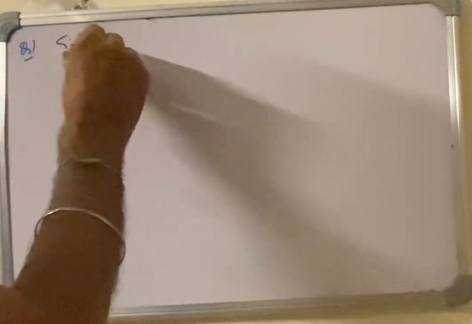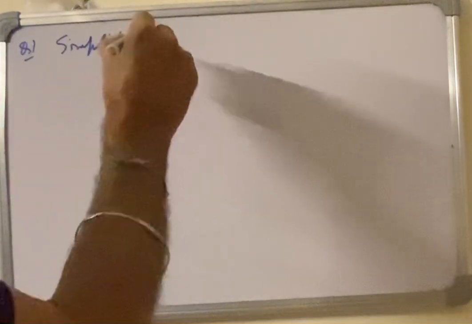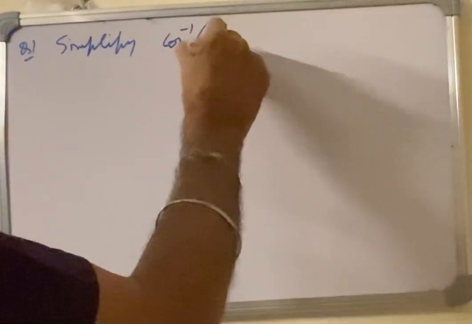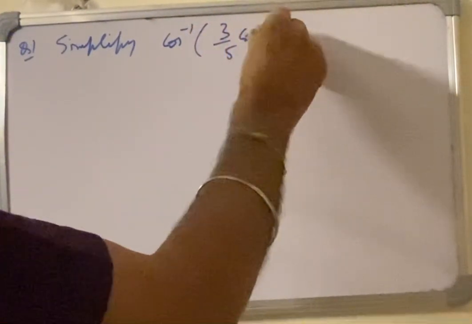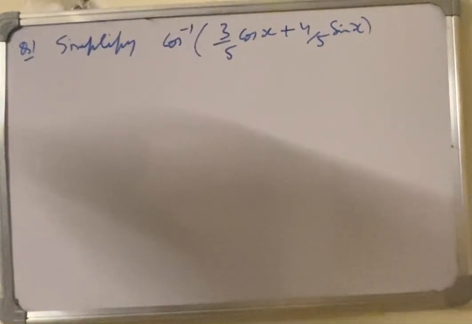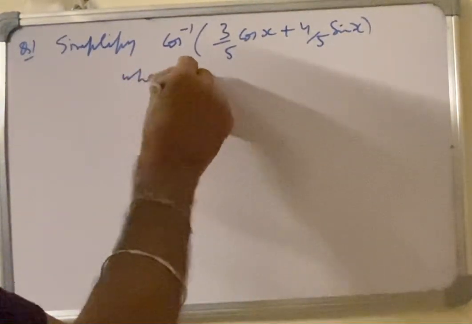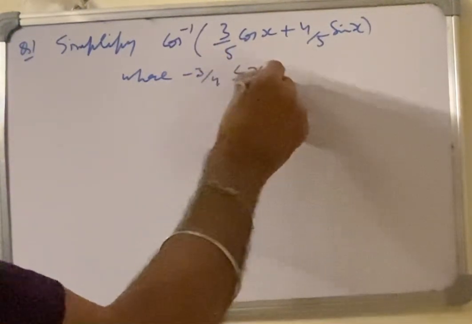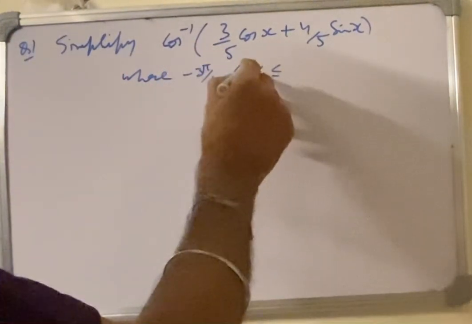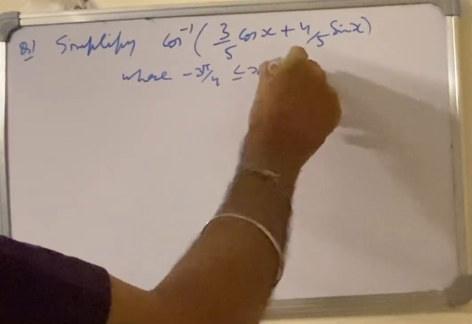First question, simplify cos inverse of 3/5 cos x plus 4/5 sin x, where minus 3/4 less than or equal to x less than or equal to pi/4.